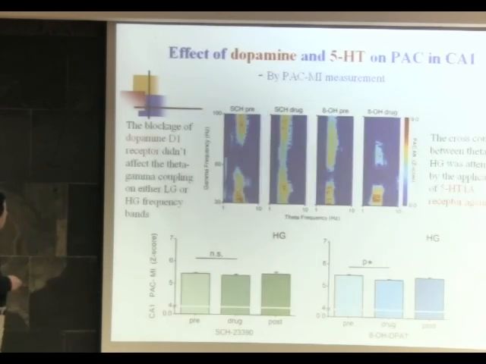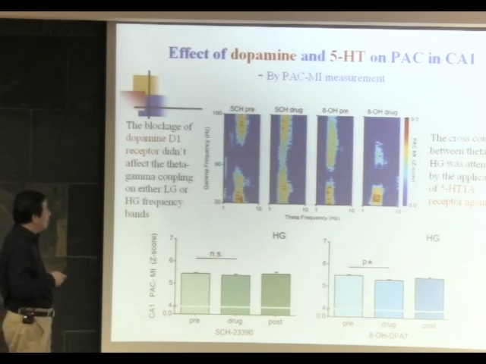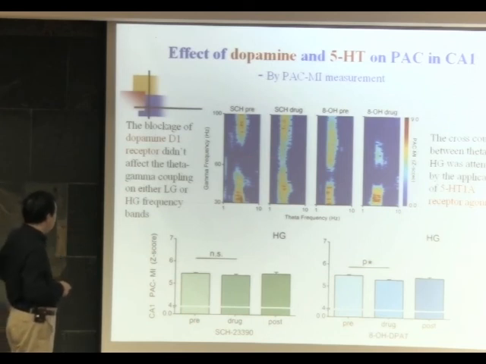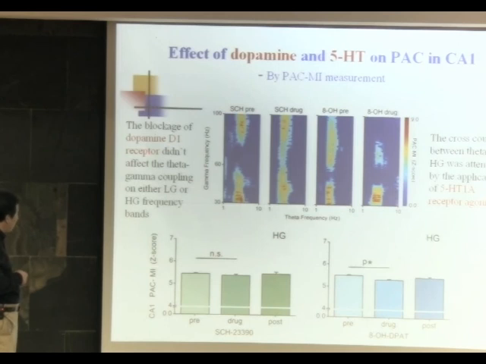And in these slides, we measured the effect of dopamine and 5-HT on phase-amplitude coherence in CA1. We can make the comparison between these two, and we can see that the blockage of dopamine receptor didn't affect theta-gamma coupling on either lower gamma or high gamma.